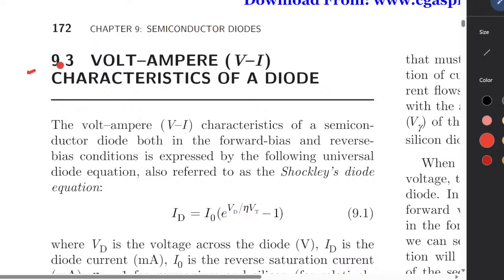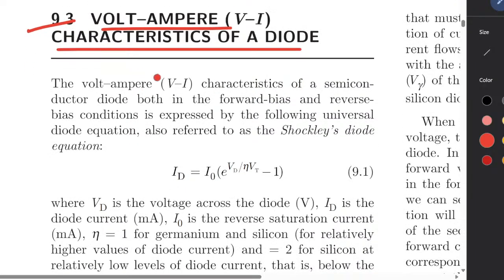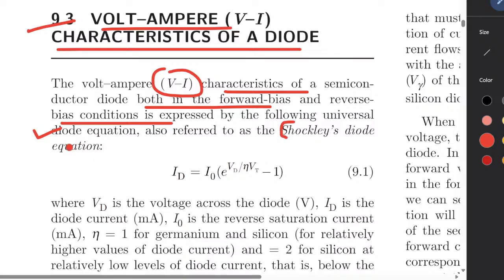So what is the VI graph of the diode? VI refers to the voltage ampere characteristic of the semiconductor, in both forward and reverse bias condition, expressed by the universal diode equation, referred to as the Shockley diode equation.